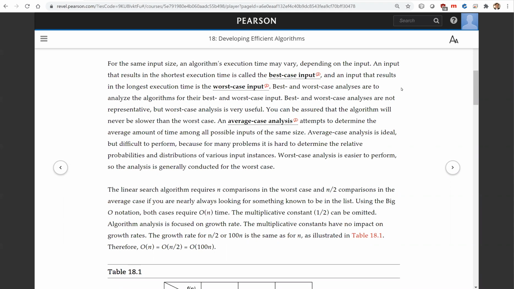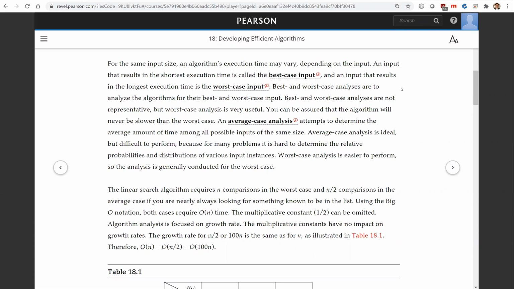Average case analysis is ideal, but difficult to obtain because for many problems, it is hard to determine the relative probabilities and distributions of various input instances. Worst case analysis is easier to perform. So the analysis is generally conducted for the worst case.